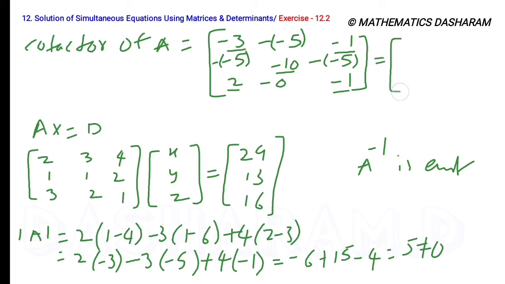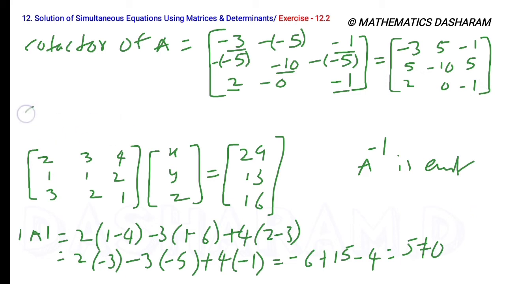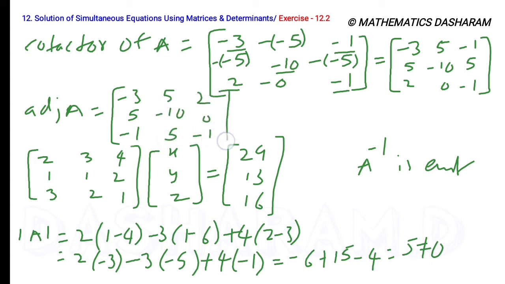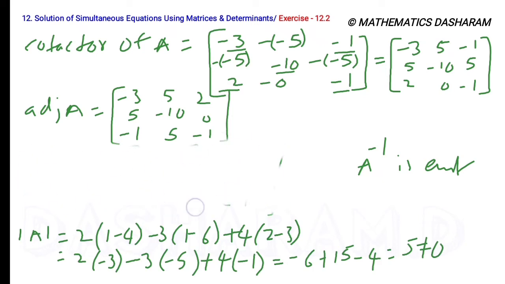So then the answer is, so now the adjoint matrix. The adjoint matrix of A equals, so apply the transpose for this matrix: minus 3, 5, minus 1, 5, minus 10, 5, next 2, 0, minus 1. So let's find out the A inverse matrix.